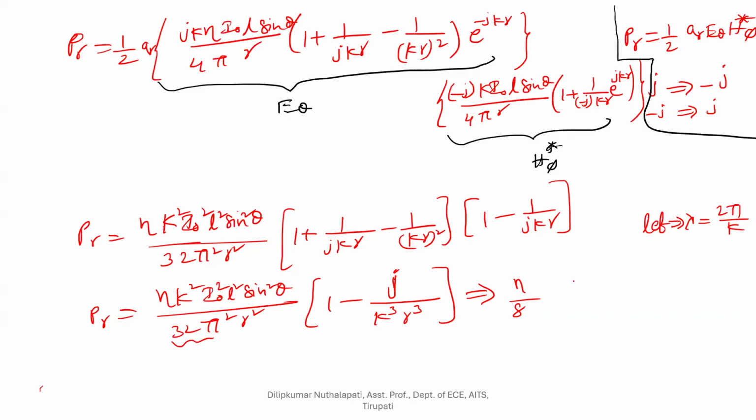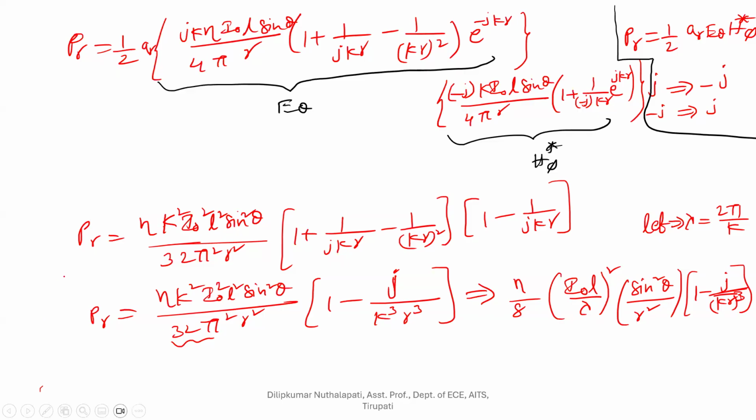And we get the remaining value, that is I naught L by lambda as a whole square. And we have the other term sine square theta by r square into the last term 1 minus j by kr whole cube. So this is the power for the radial component.